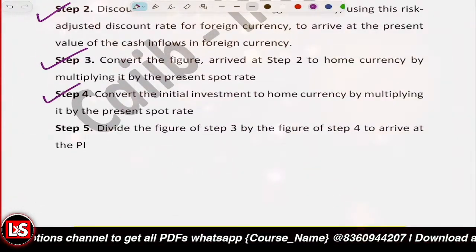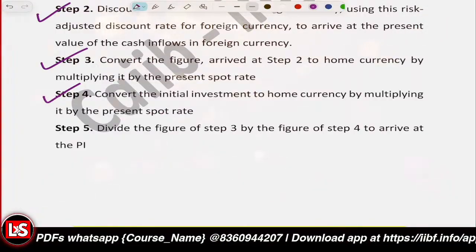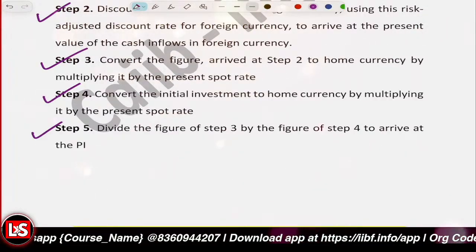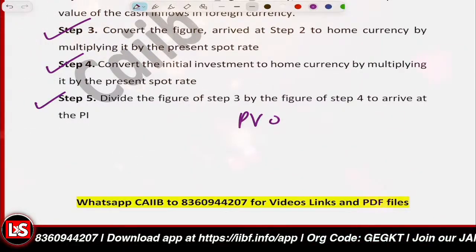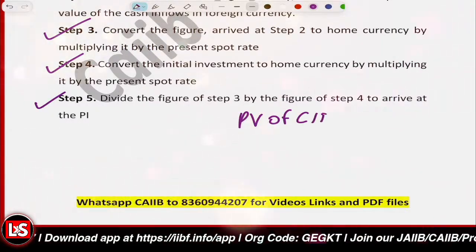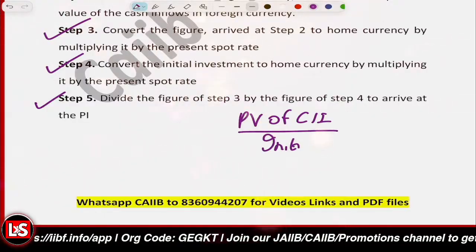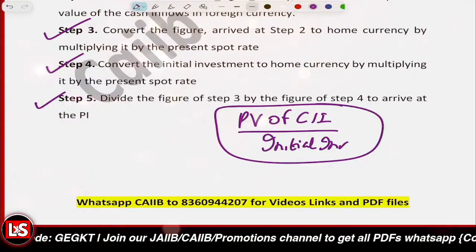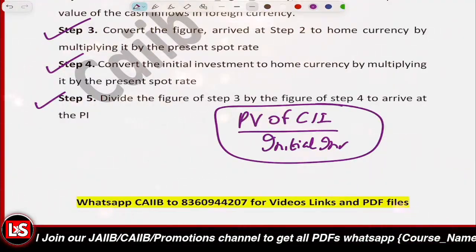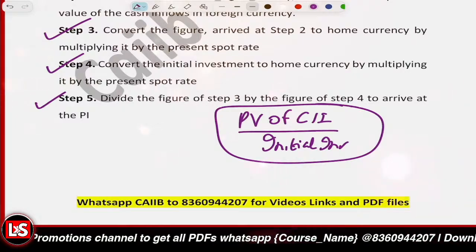We also convert the initial investment into the home currency by multiplying it with the spot rate, and then we calculate the PI. The simple formula is present value of cash inflows divided by the initial investment. Getting it clear so far?